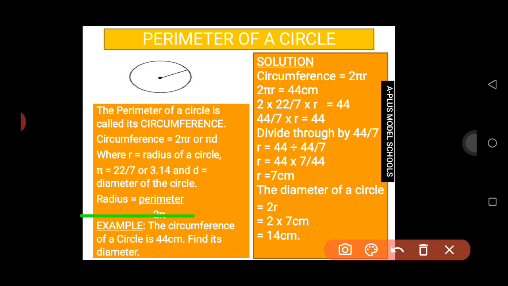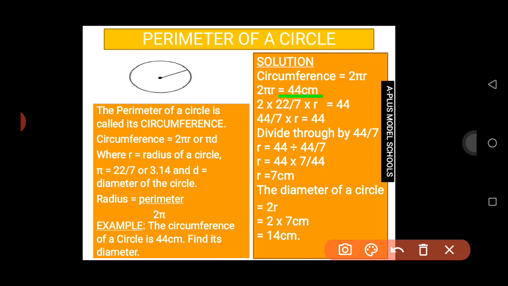Now, taking the formula, circumference is equal to 2 pi r. So our circumference is 2 pi r. Then the circumference is the perimeter of the circle, which is 44 centimeters. You can see 44.